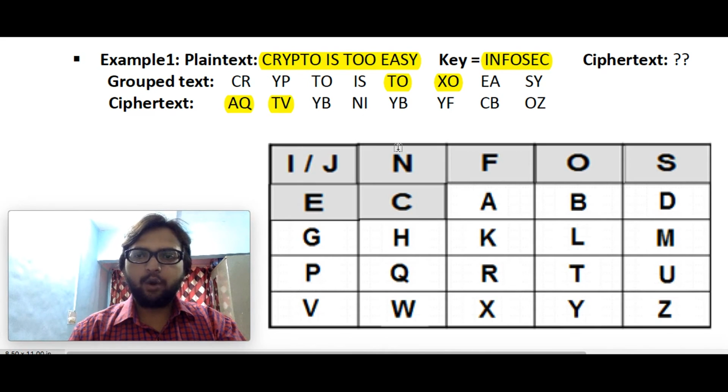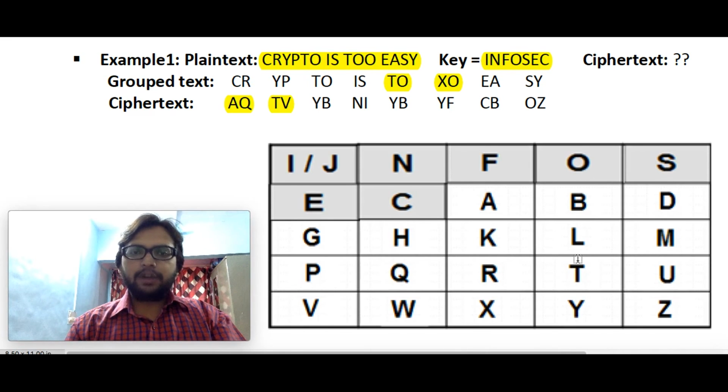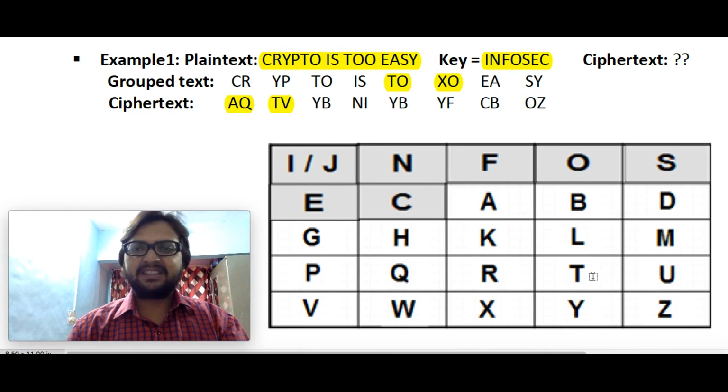Same way TO. So here, where is T? Here we have T and here we have O. Now when we talk about this type of pattern, what we basically do is we need to check what is immediately after. If both the alphabets in our pair come in the same column, then we need to replace that alphabet with another alphabet which is immediately next to our original plain text message.